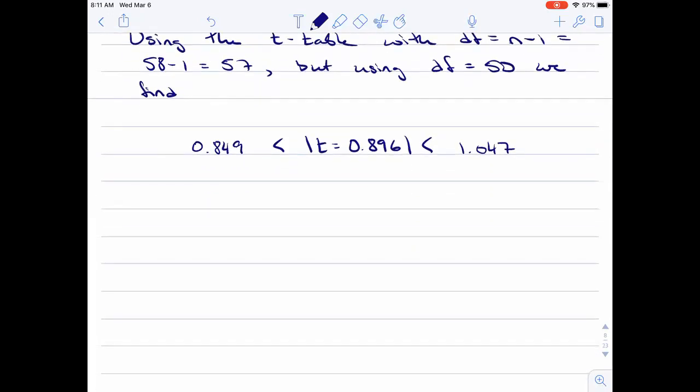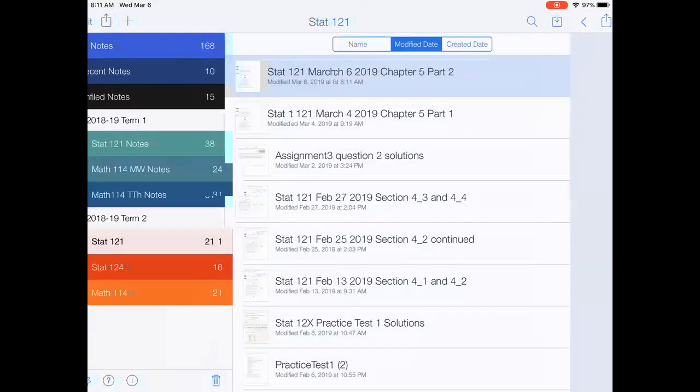So in the center, again, I say my one-sided p-value is between two values. I start with my less than and use less than again, so I don't change the symbols or the inequalities.